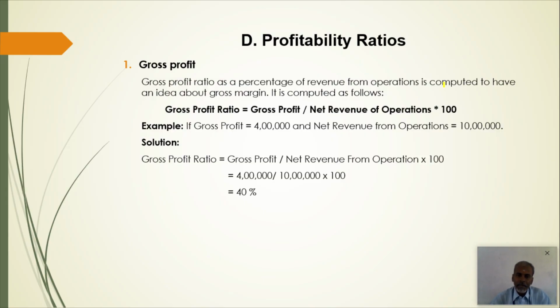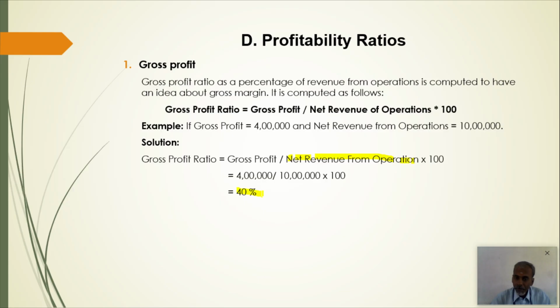You take gross profit and you have sales in the trading account. You divide that and multiply by 100. Net revenue from operations is nothing but net sales. So gross profit divided by net sales into 100 will give you the gross profit ratio, which is 40%, which is good.